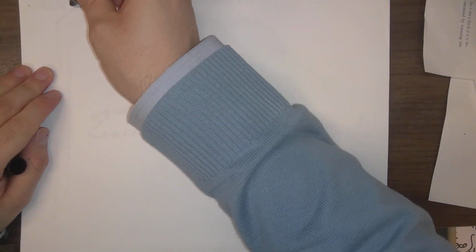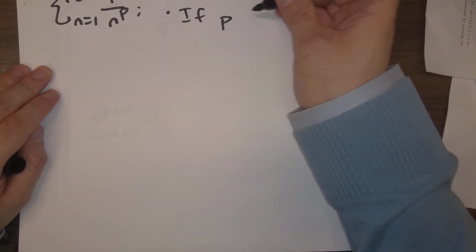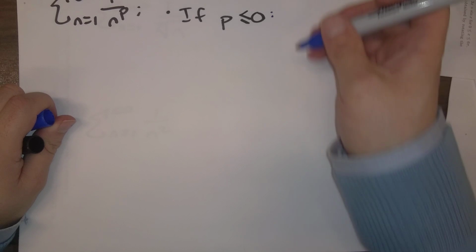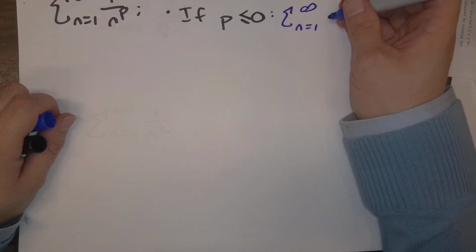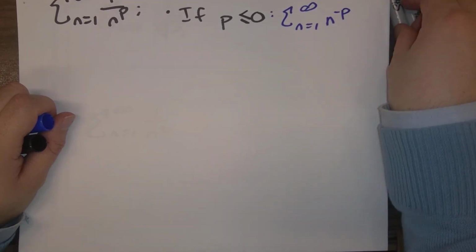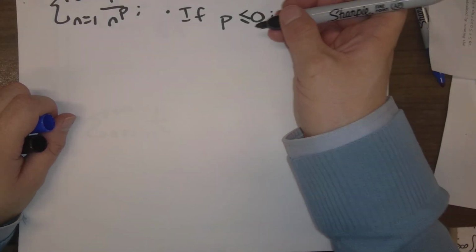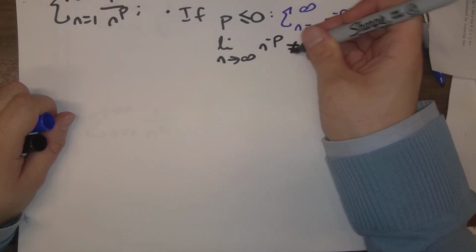We have to break this into some cases. So once again, we're thinking about the sum from n equals 1 to infinity of 1 over n to the p. Case 1: if p is less than or equal to 0, then in the sum of n to the minus p, minus p is at least 0, and so the limit as n goes to infinity of n to the minus p is not equal to 0.